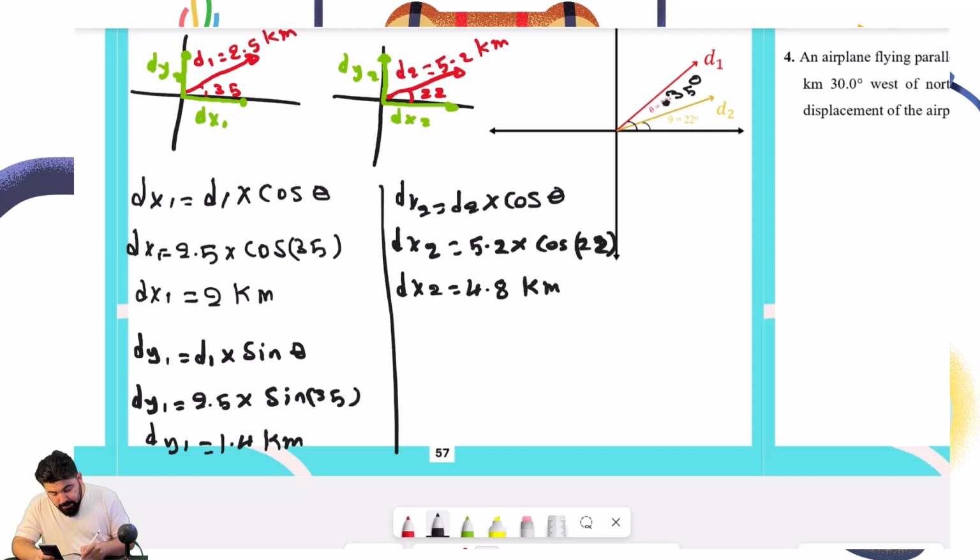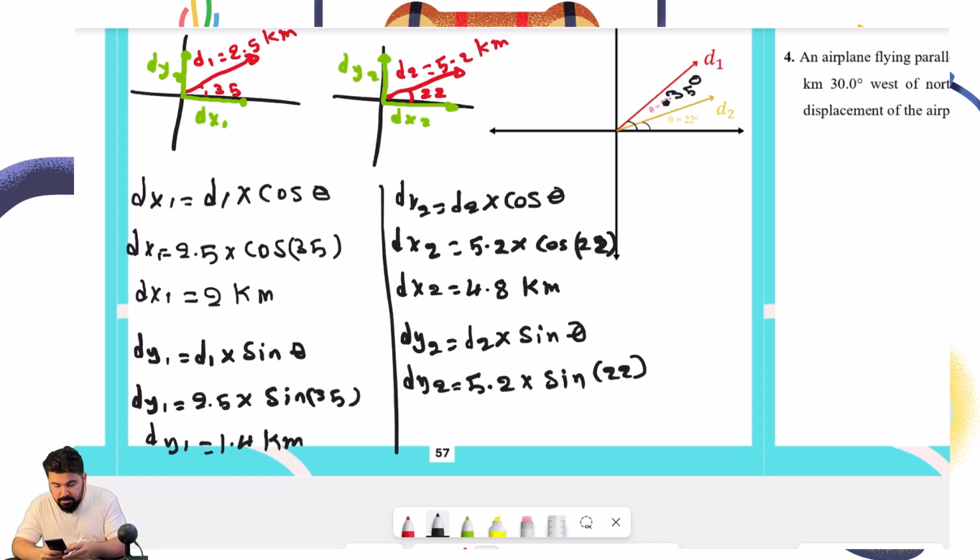Let's find dy2. dy2 is equal to d2 multiplied by sine theta, which is 5.2 multiplied by sine 22. So dy2 is equal to 1.94 kilometers.